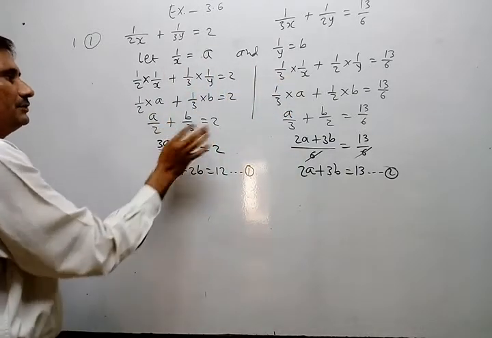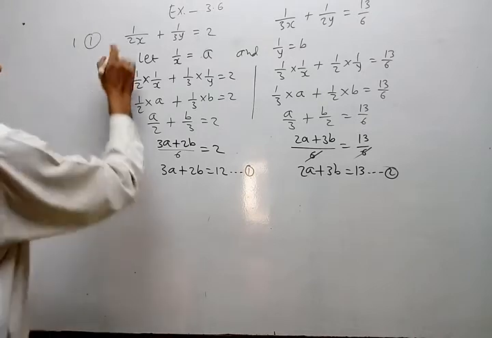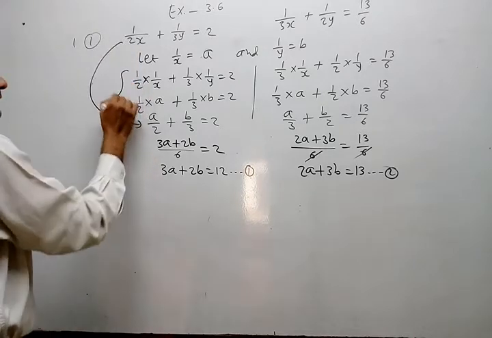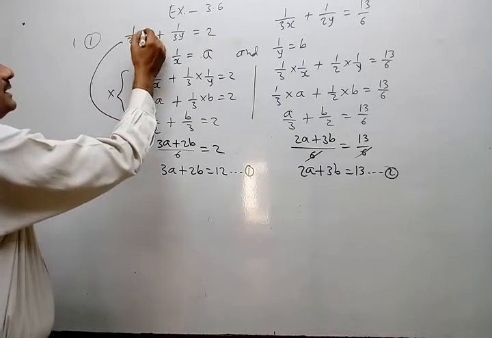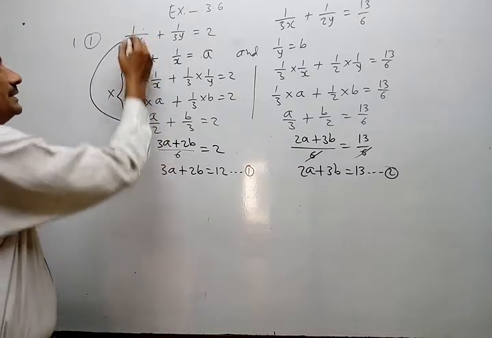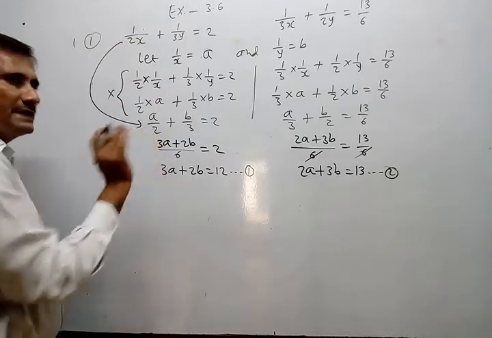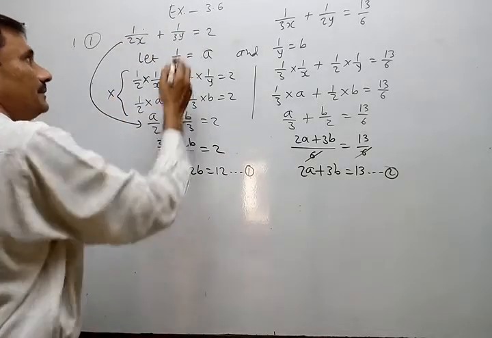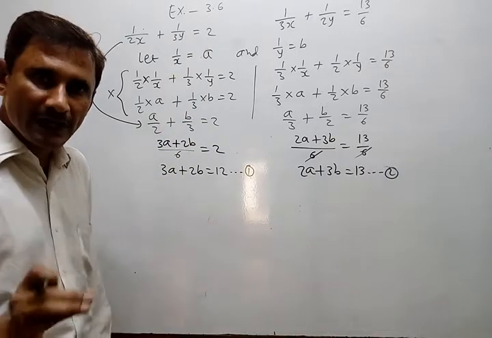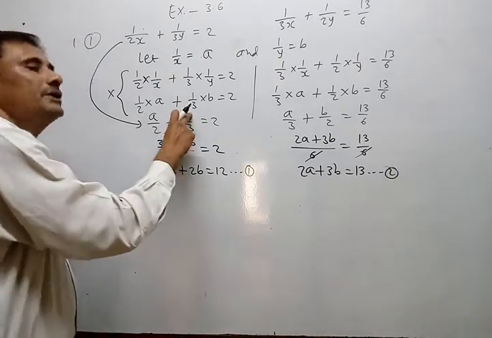So it becomes a by 2, b by 2. Otherwise you can write directly also here. No need to write these steps if you understand. In place of 1 by x, a only. Denominator 2 as it is. Don't change that. And here also, in place of y in the denominator, write b in the numerator.